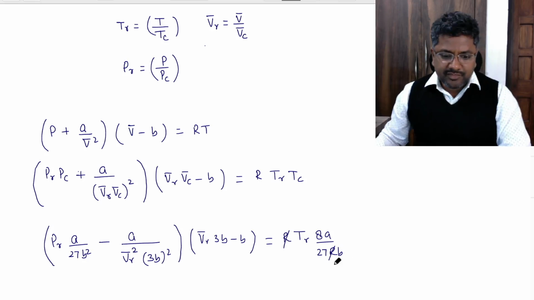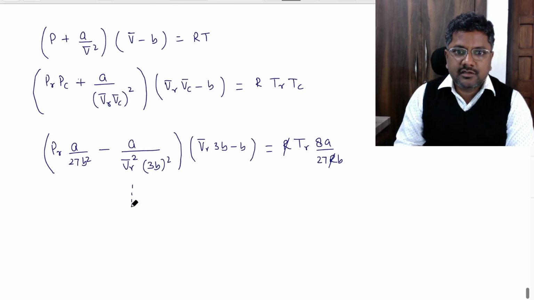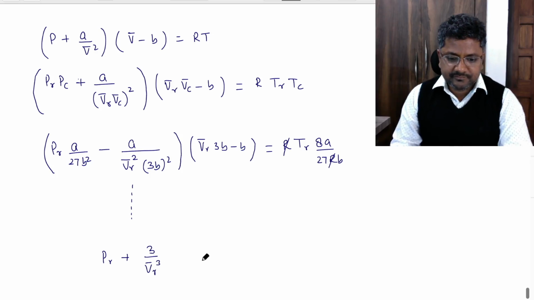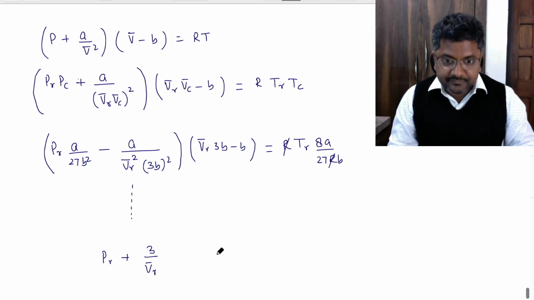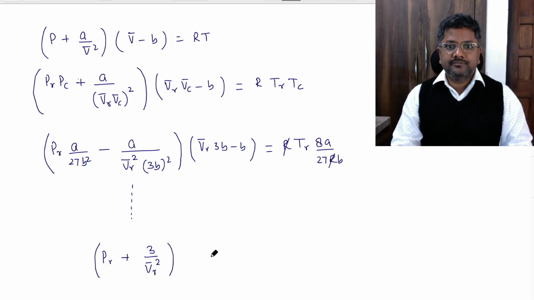Now if you simplify this equation, finally you will get, I'm writing here final equation, PR plus 3 by VR square, no, VR square, right?